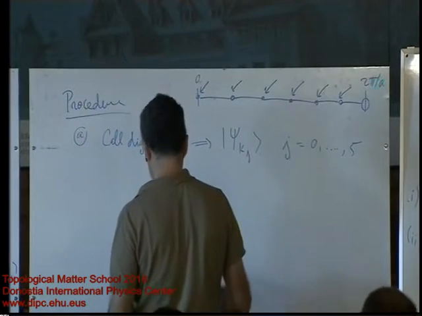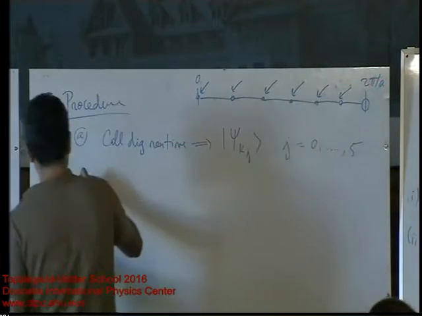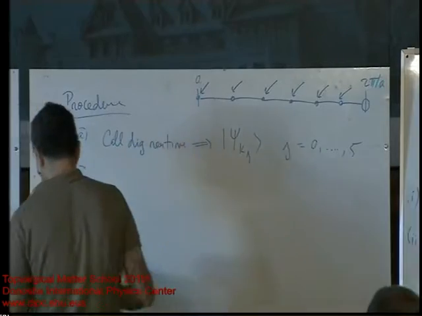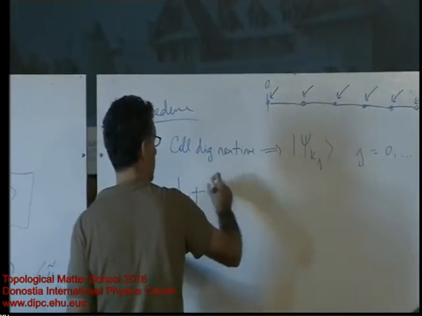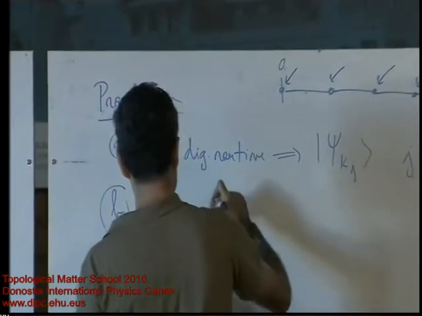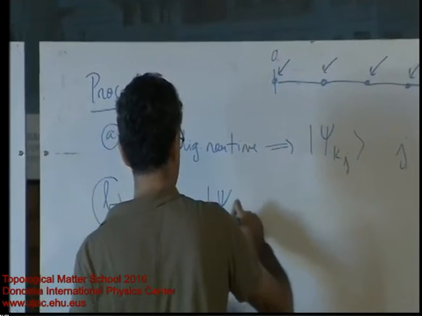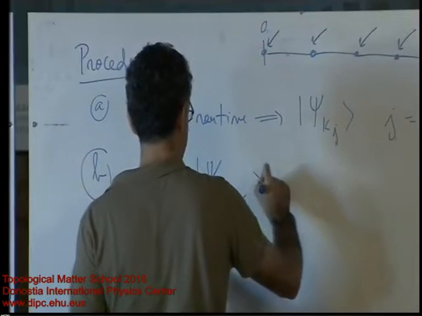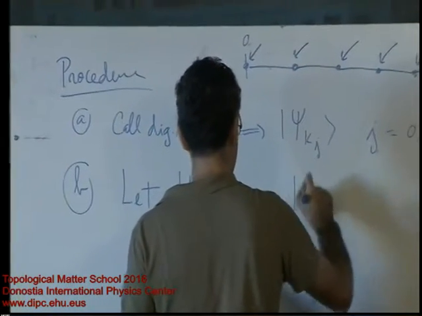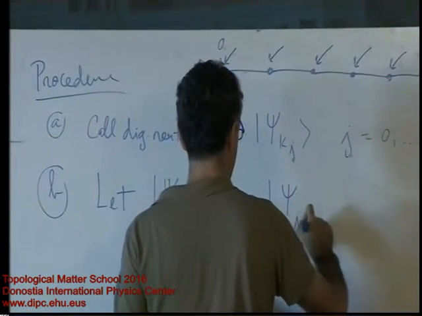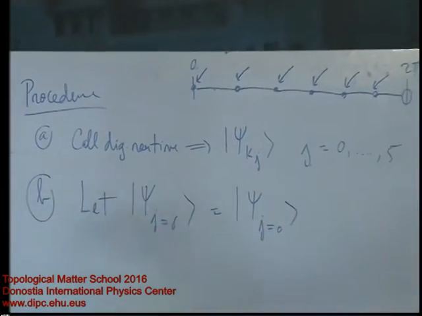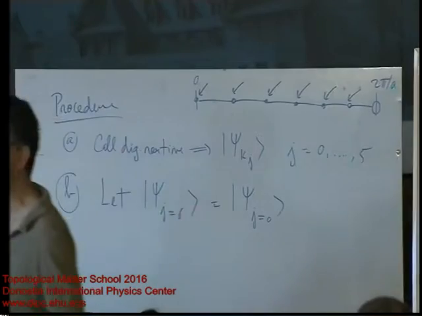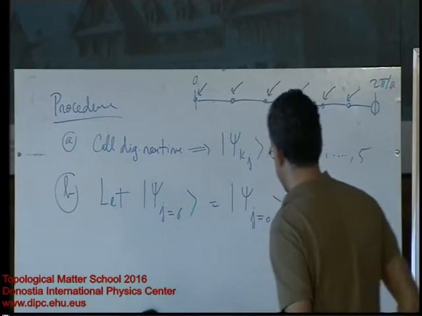And then step B is that you let the last state, psi j equals 6, be equal to psi j equals 0. That's our periodic gauge condition that we used when deriving all this stuff. So we cannot now change the rules.